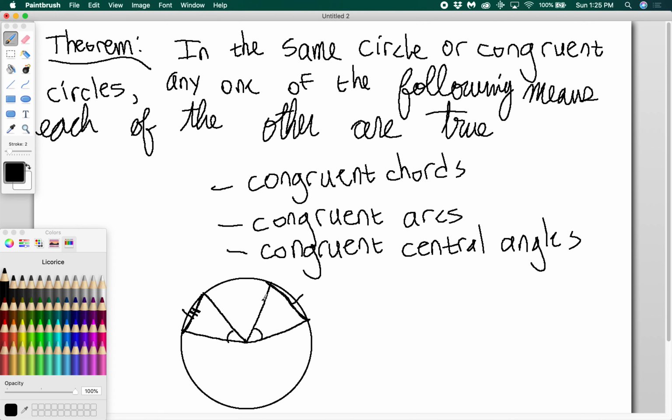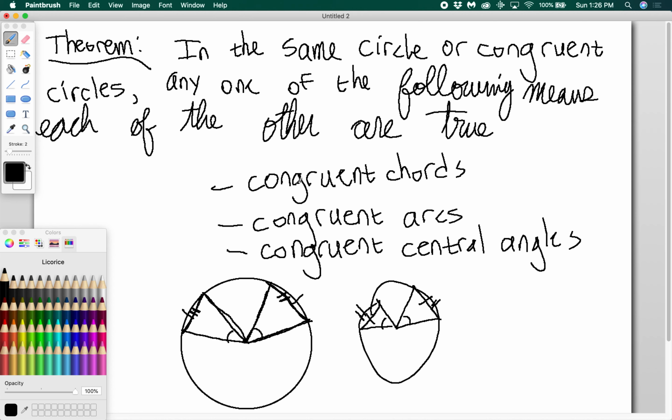So these are congruent. Obviously, these are all radii, so those things are the same no matter what, and we don't care about that. So that's the special thing. If I take a circle and say this chord and this chord are the same, then without any other information, you can say that this angle is the same as this angle, and this arc is the same as this arc.